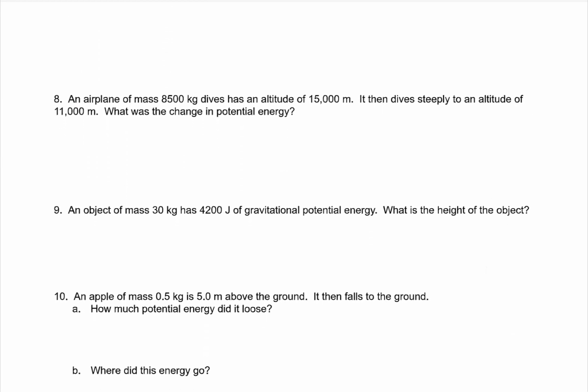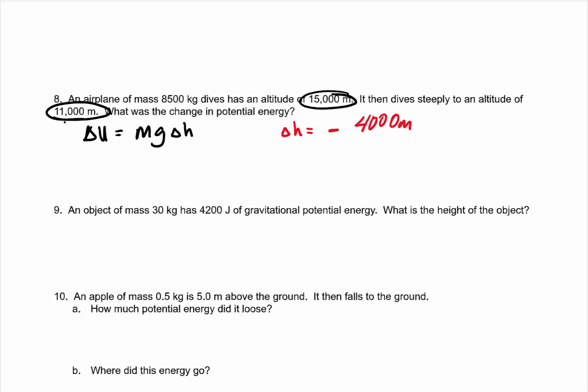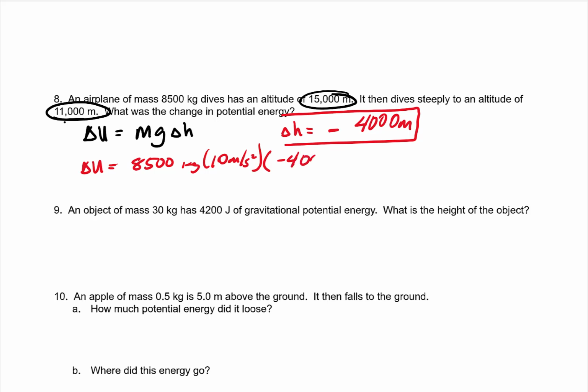An airplane with this mass has an altitude of 15,000 meters, and then it dives steeply to 11,000 meters. Same thing, we want the change in potential energy, so that's mg times the change in height. I start off at 15,000 meters and I dive to 11,000 meters. So my change in height, since I'm losing altitude, is negative 4,000 meters. And so my change in potential energy is going to be 8,500 kilograms times 10 meters per second squared times negative 4,000 meters.